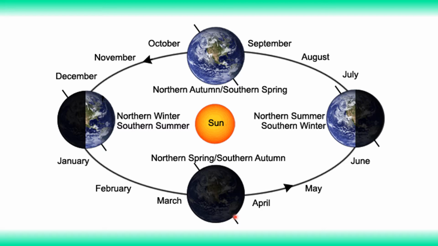And that can be kind of hard to draw, so this is the way that it's commonly shown, and it requires a little bit of imagination on your part to really understand what's going on. But so basically at this point, neither hemisphere is tilted towards or away from the sun, and that basically means that this is when we transition from winter into spring, or from summer into fall or autumn, depending on where you are in the world.